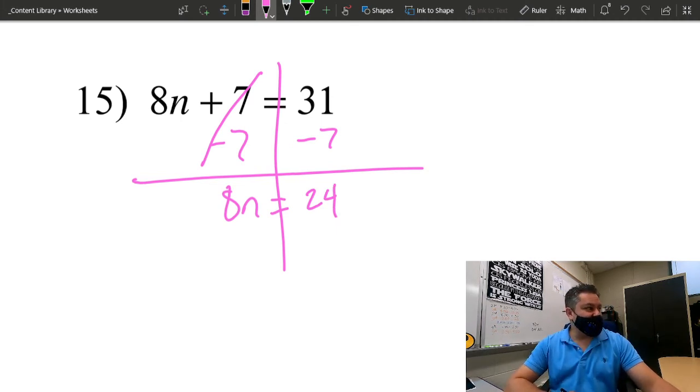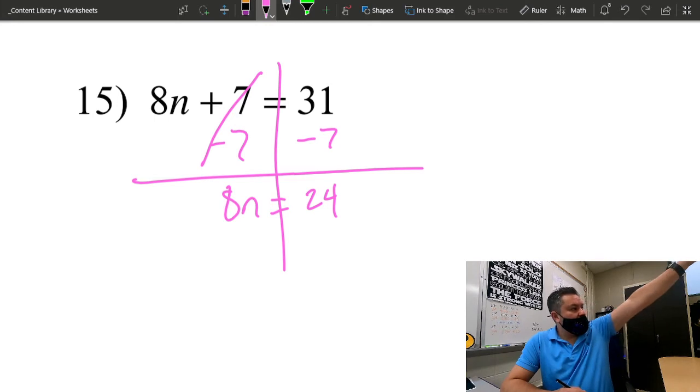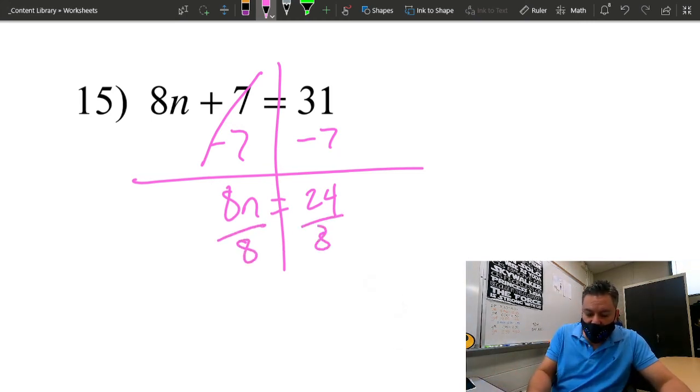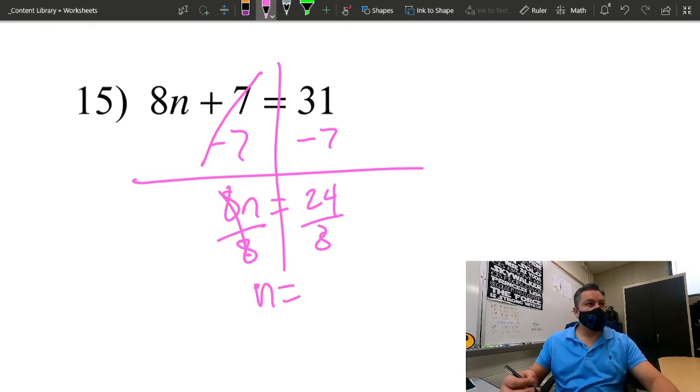Now what's the second step? Divide by what? By 8. Very good, because it's multiplying, right? So my answer is going to be what? N equals how much?